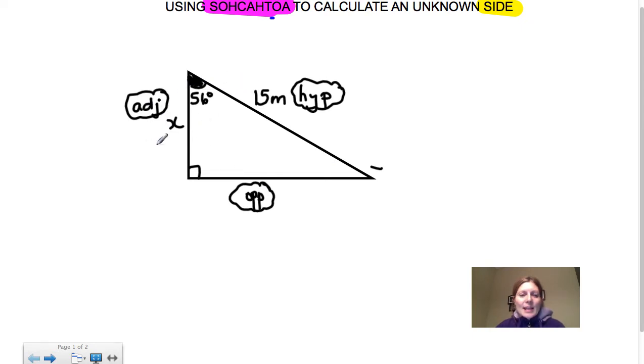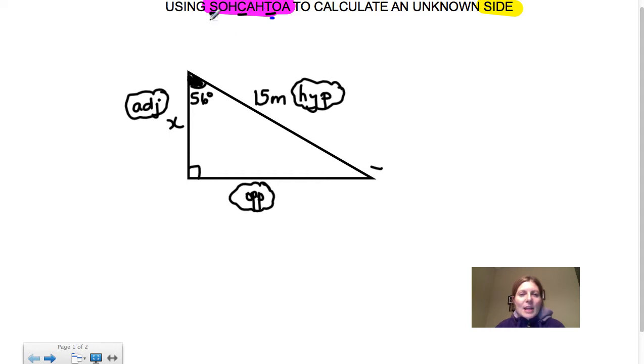Okay, so in this case, because I'm looking for this value of X and I've been given the hypotenuse, I go up here into my SOHCAHTOA and decide which one, sine, cos, or tangent, deals with the adjacent and the hypotenuse. And I can see that the cosine right here is the adjacent over the hypotenuse.